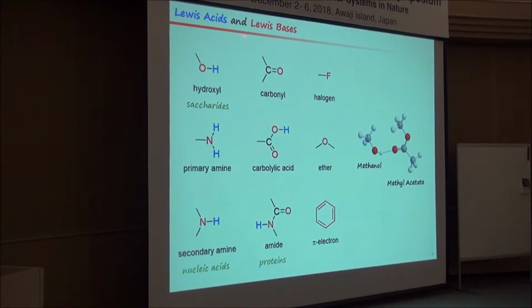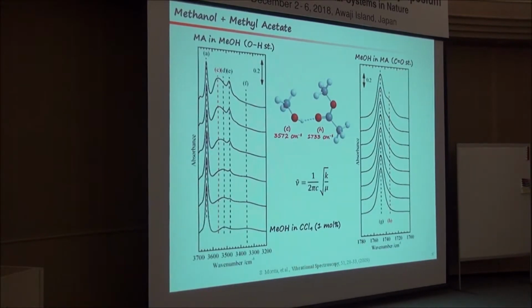Not only the OH stretching vibration, but also other types of functional groups can be observed by mid-infrared spectroscopy. Now we can consider a Lewis acid or Lewis base, because this is an electron donor. And now we consider a typical hydrogen bond system using methanol and methyl acetate, a typical carbonyl group, as a model compound of the PMEA water system.